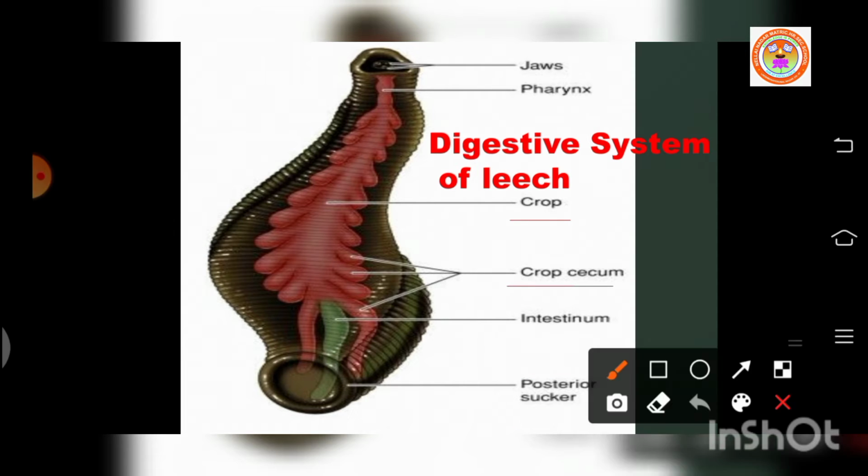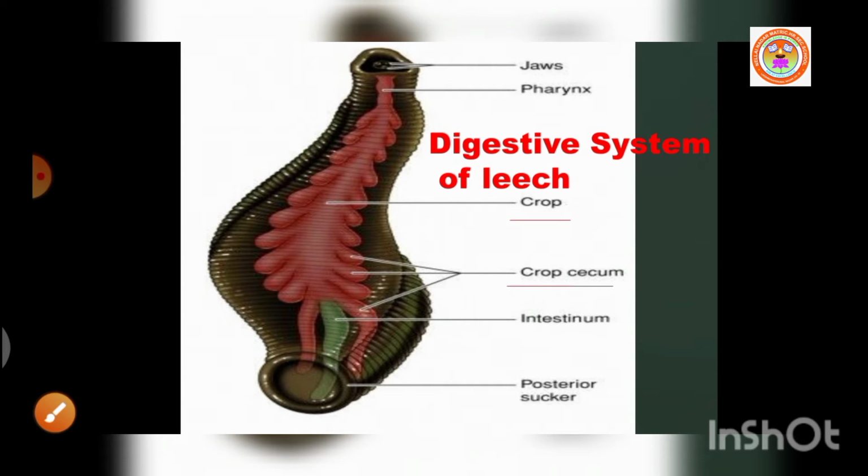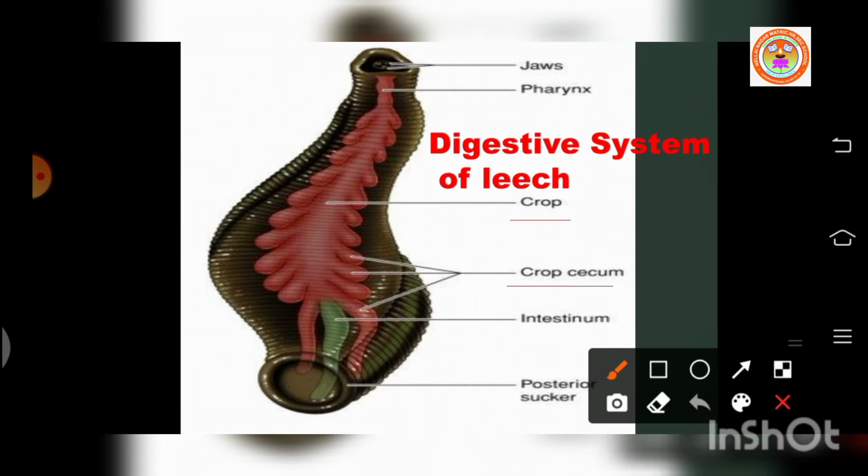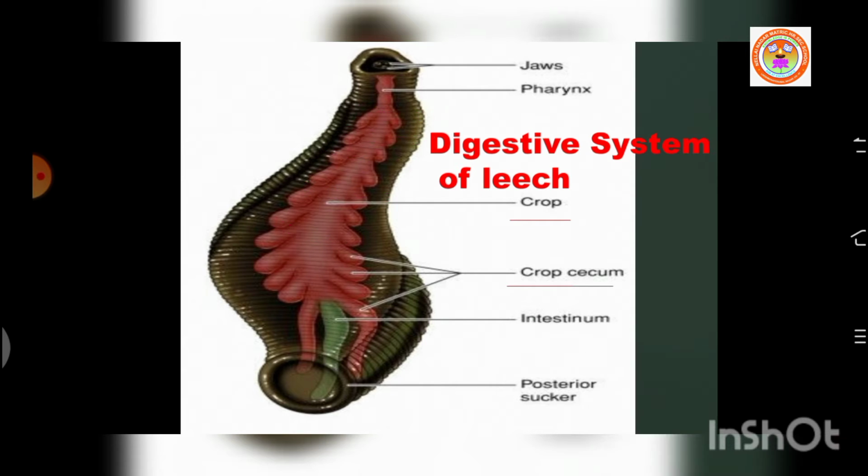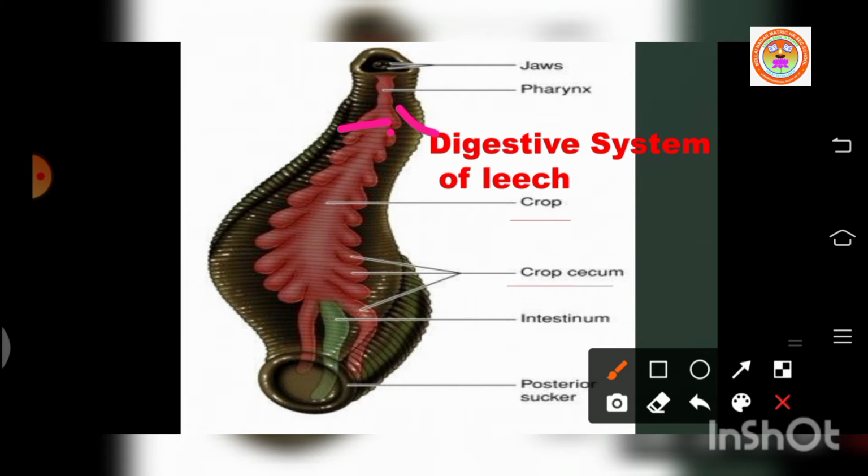I repeat, the crop is the largest portion of the alimentary canal, which is divided into 10 chambers. Each chamber communicates with each other. These lateral outgrowths, as shown here, are called diverticula.